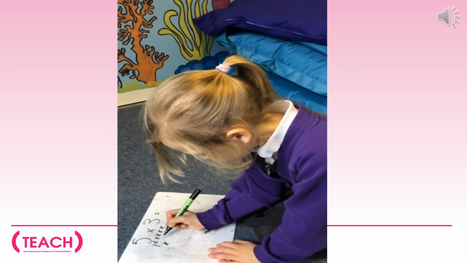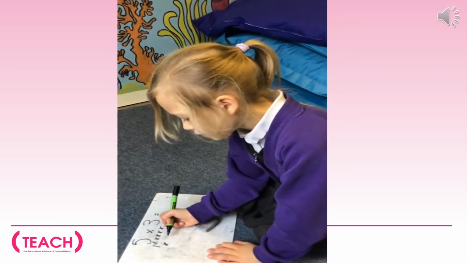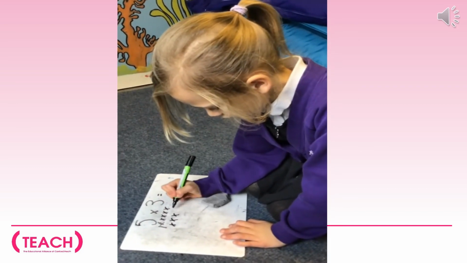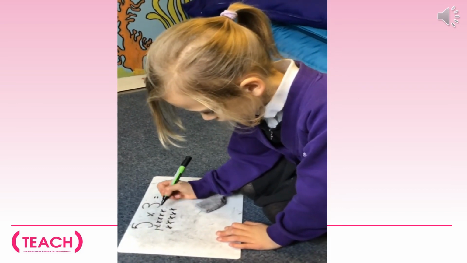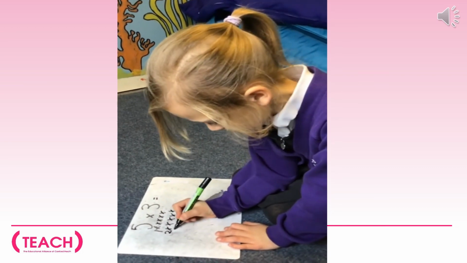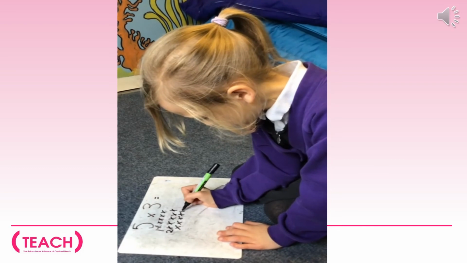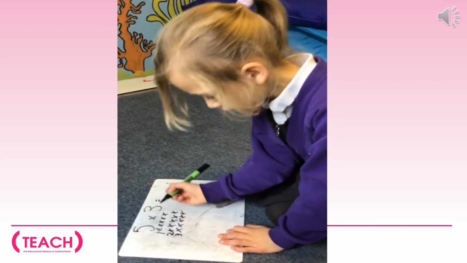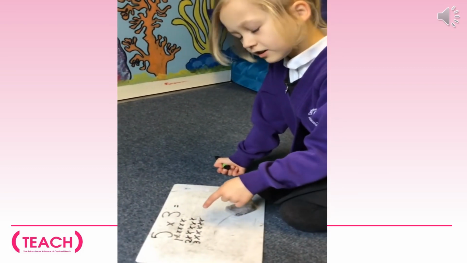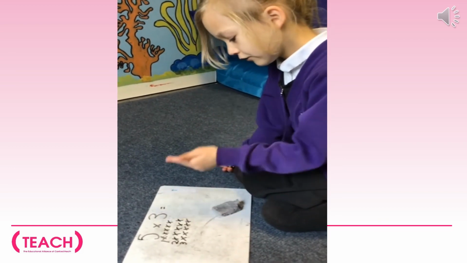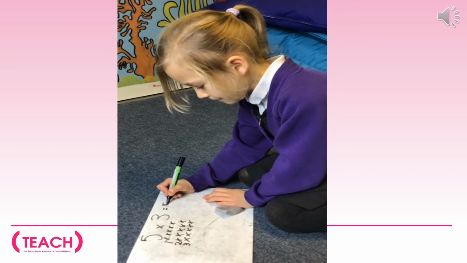And how many times are you going to do that? 3 times. Done my 3 times. Now I need to count in 5s 3 times. And then? 5, 10, 15. Perfect.